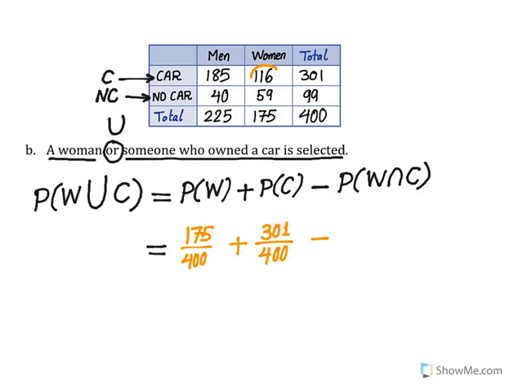So this would be this number here. The number here is the number of women that own a car, because it's the intersection between car and woman.